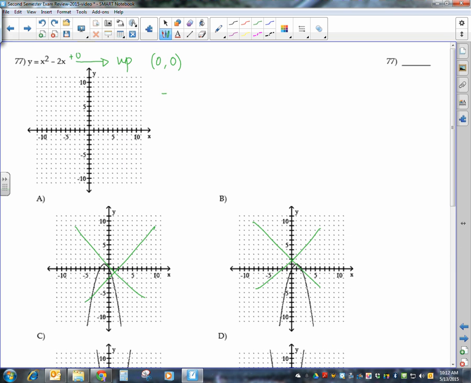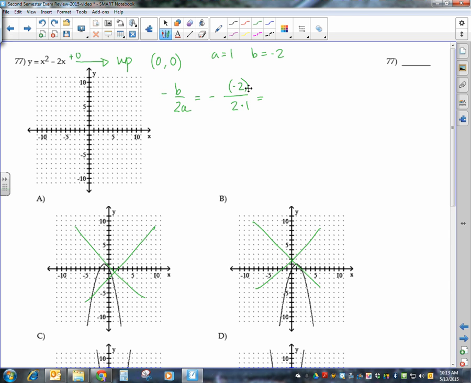So the next thing you need to do is find -b over 2a. Remember, a equals 1, b equals -2, c of course is 0. So negative b, which is -2, over 2 times 1.